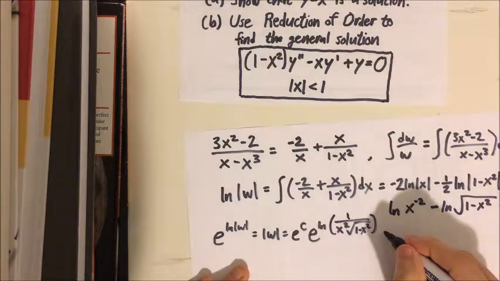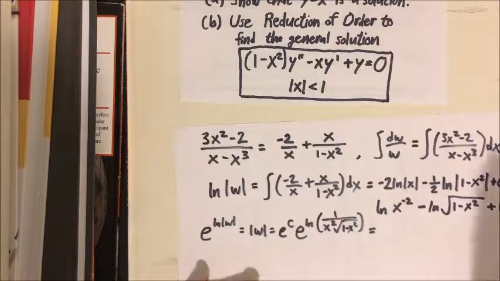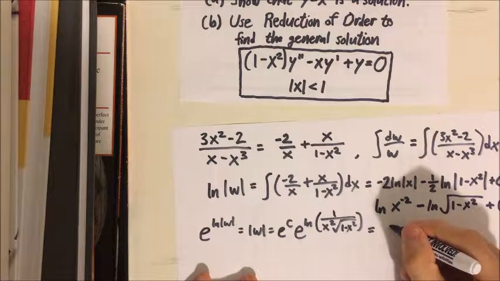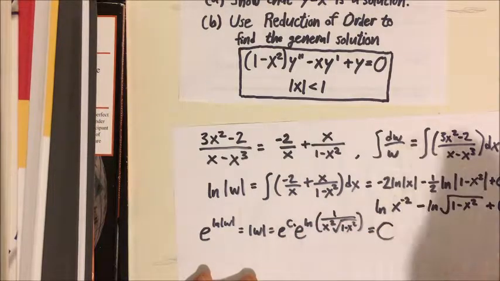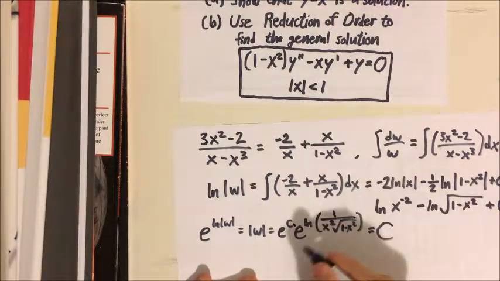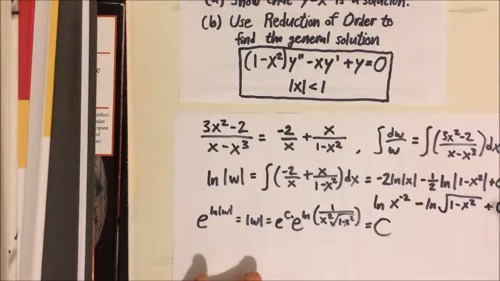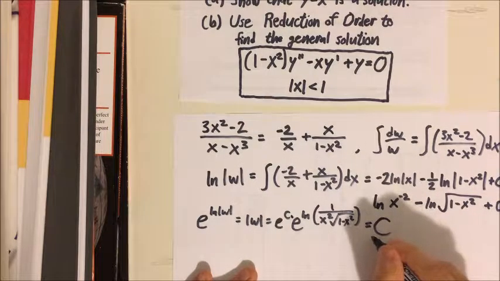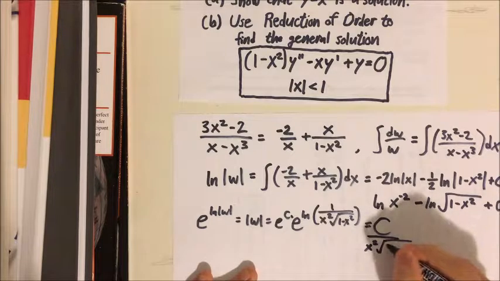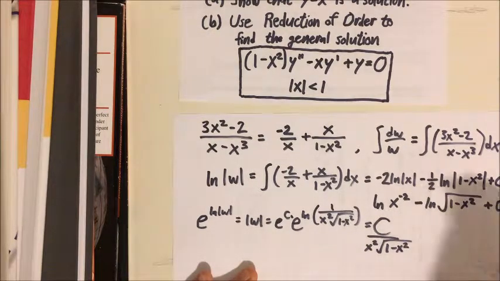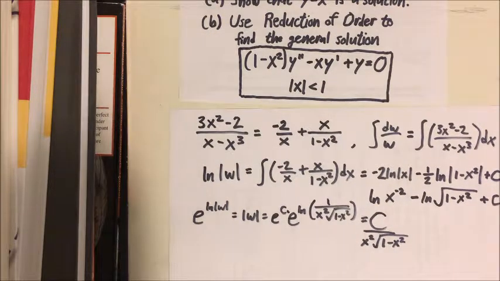This is actually pretty nice looking. And then we're going to say that this is equal to some c, let's say this is c1. Some c times, well, e to the ln, the inverse functions cancel out, and we get c over x squared times 1 minus the square root of 1 minus x squared.